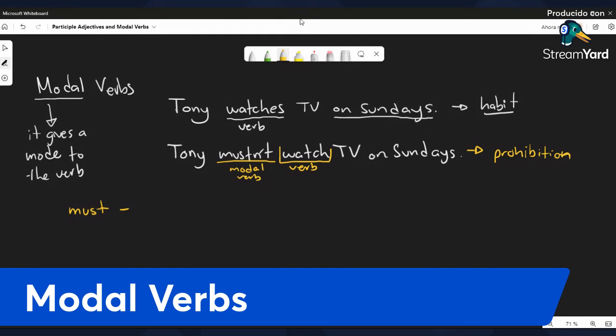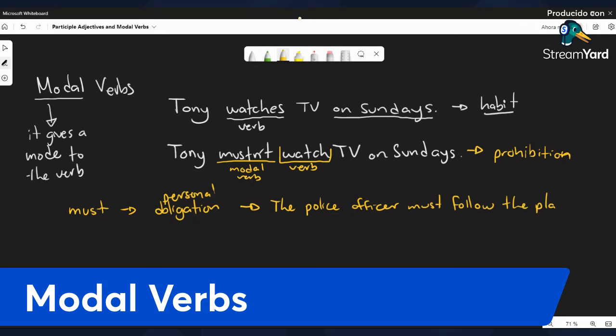What does must mean here? Must expresses obligation, especially a personal obligation. What does that mean, or how does it work? For example, we can say the police officer must follow the plan.